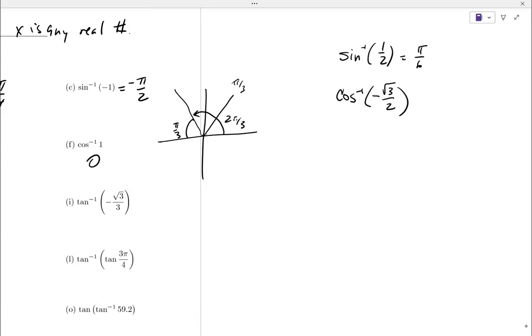You want to think, what angle has a cosine equal to root 3 over 2? Pi over 6 works, right? But since it's negative, instead of being in quadrant 1, the angle needs to be in quadrant 2. The reference angle is pi over 6, so that whole angle must be 5 pi over 6 because it has to make up the whole pi, right?